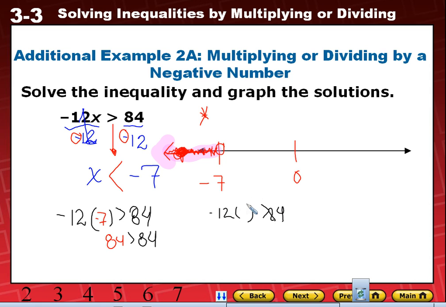And we're going to substitute in there -10. So what is -12 times -10? That's positive 120. Is positive 120 greater than 84? Oh, that is correct.